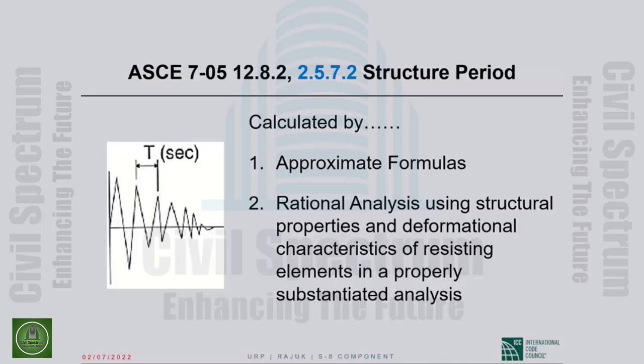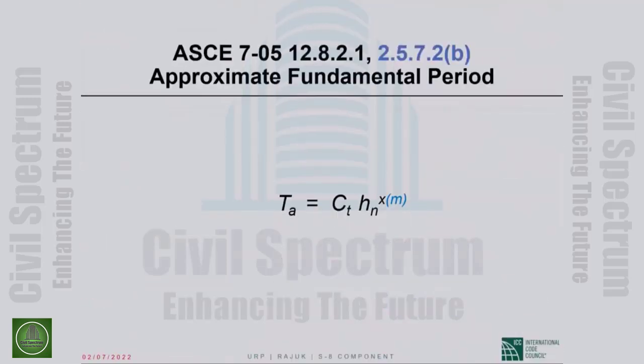So period can be calculated by approximate formulas or by rational analysis using structural properties and deformational characteristics of resisting elements in a properly substantiated analysis. The approximate period formula is T sub A equal to a coefficient C sub T times the building height raised to the power X in AC7, M in BNBC 2020.